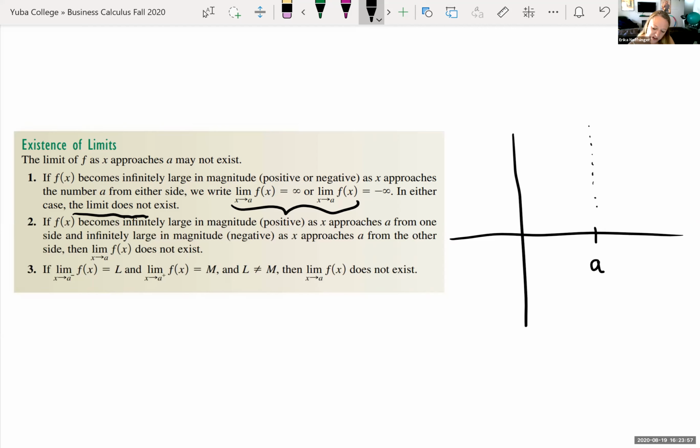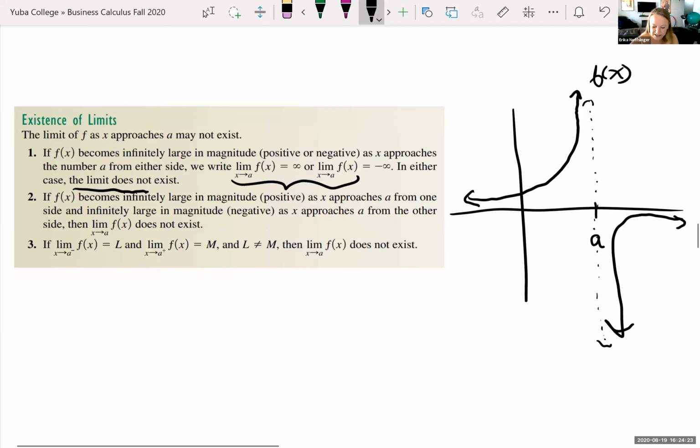Usually graphically you denote that with a dotted line, but you don't see it on the graph technically. Let's say you had some graph that looked like this, where it's coming up here and then shooting upwards, and maybe over here the graph looks like this. Let's say this is f of x.